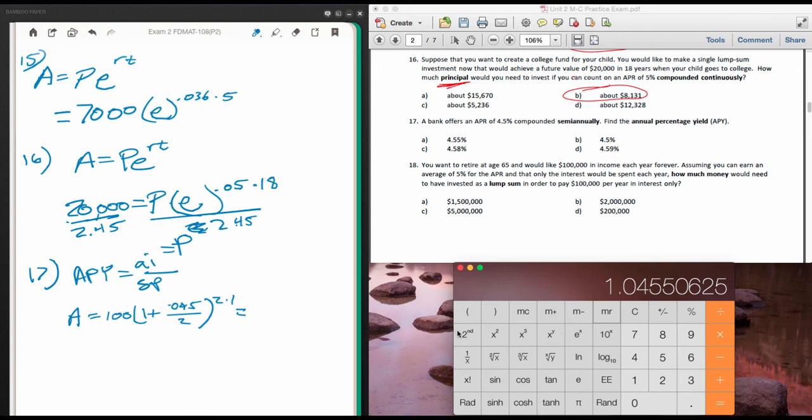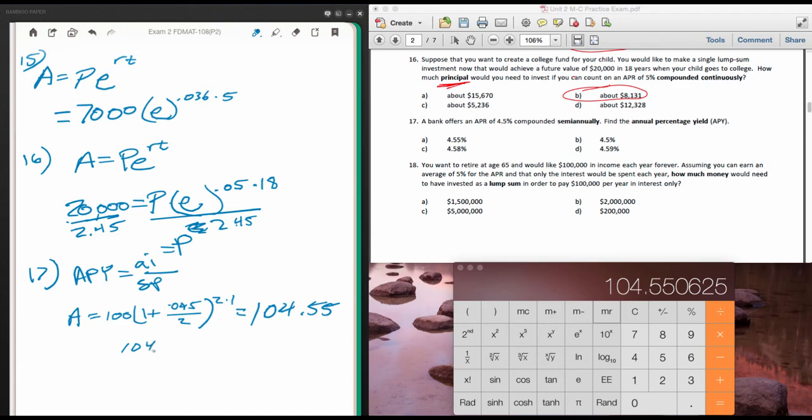1.0455. We'll multiply that by 100. And if I was to invest compounding semi-annually at 4.5%, I would have $104.55. Okay? So now what we want, remember, is our absolute increase, which is actually what we have here minus the principal.